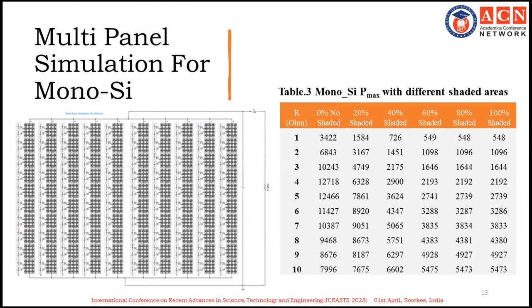This slide shows the simulation results of the 10x10 multi-panel by changing the load resistance from 1 ohm to 10 ohm and running the simulation. The results of maximum power come out for monocrystalline with the different shaded areas, as you can see in the table.